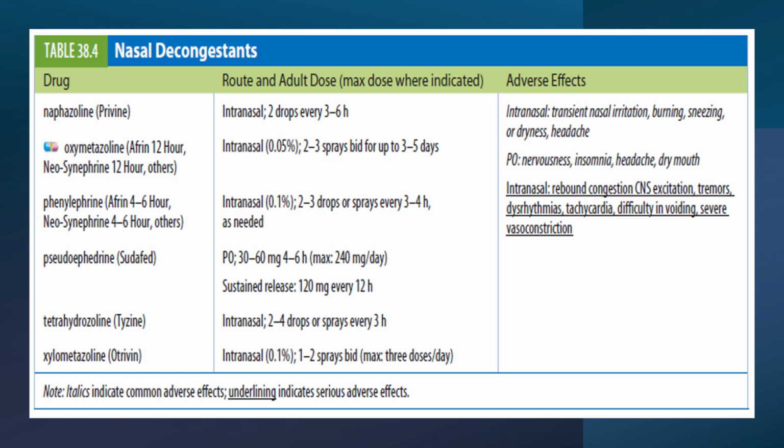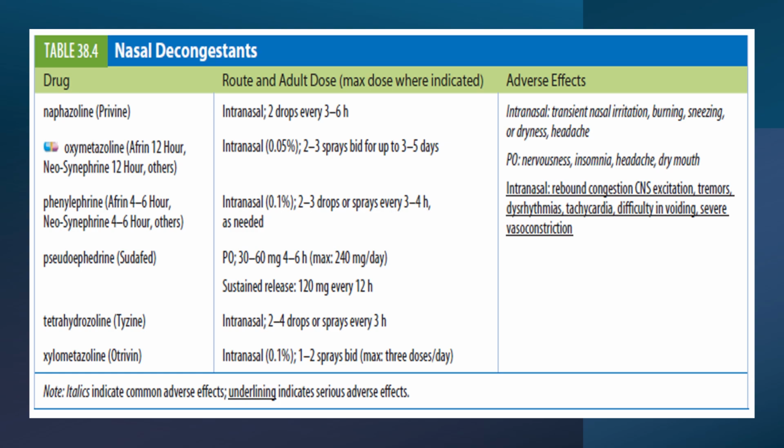Because of this rebound congestion, intranasal sympathomimetics should be used for no longer than 3 to 5 days. Patients with allergic rhinitis who develop tolerance to the effects of decongestants should be gradually switched to intranasal corticosteroids because they do not cause rebound congestion.